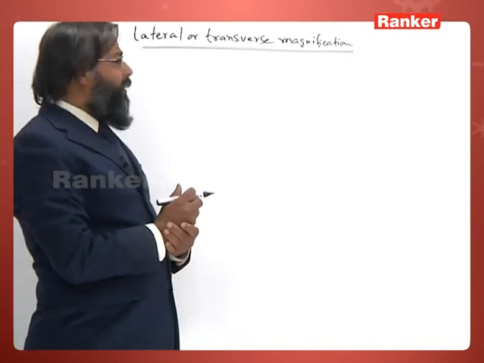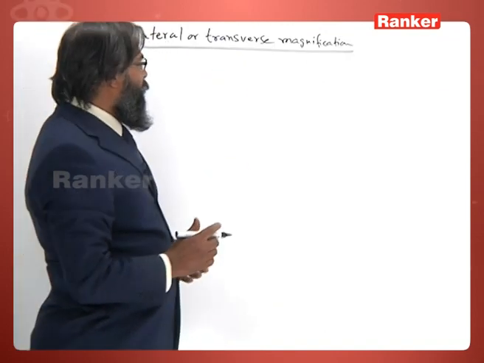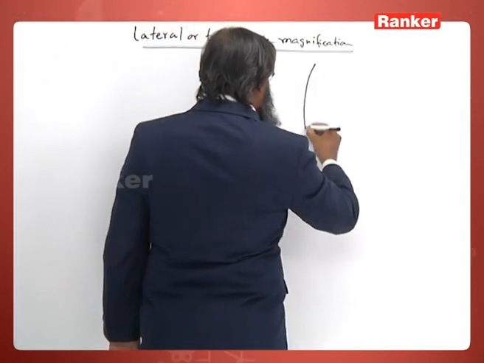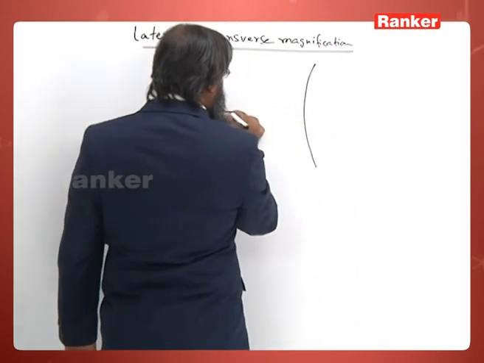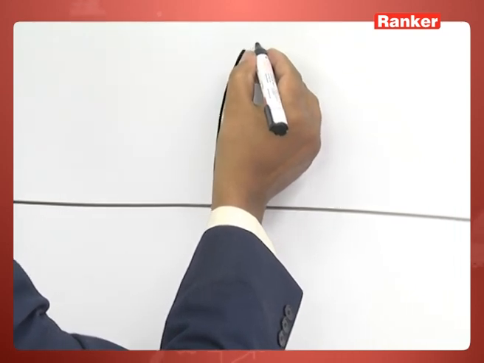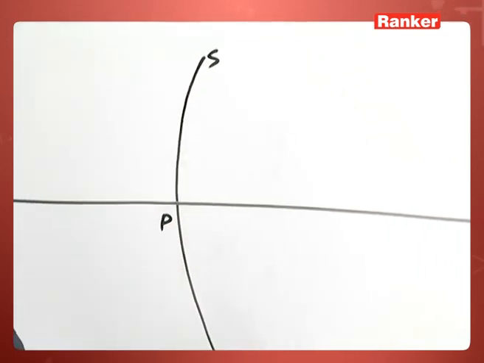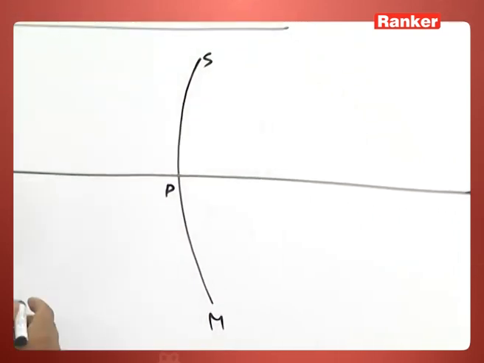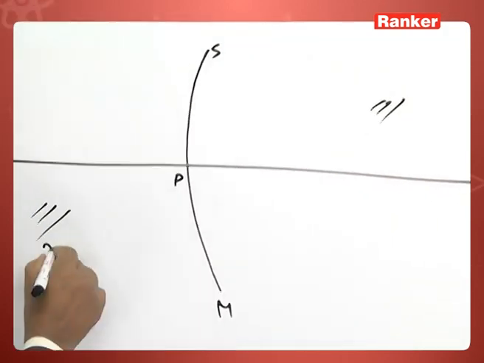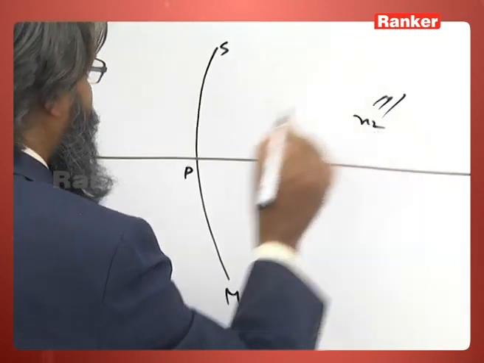So, now let us see the lateral or transverse magnification caused by refraction due to this spherical surface. This is the optic axis and the curved surface which separates two media of refractive index n1 and n2.